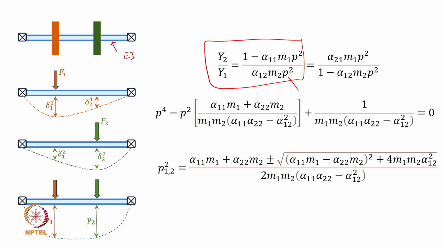When you use one of the two natural frequencies in this expression, you get the relative amplitudes of the two discs when they vibrate in that particular principal mode of vibration. So, you will get two mode shapes, y2 over y1 at P1, and the other mode shape will be y2 over y1 at P2.